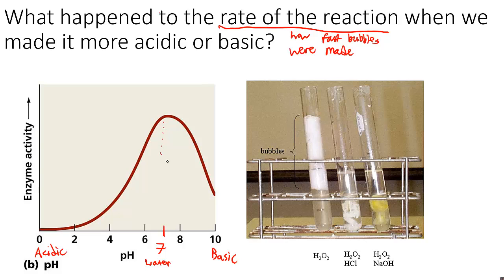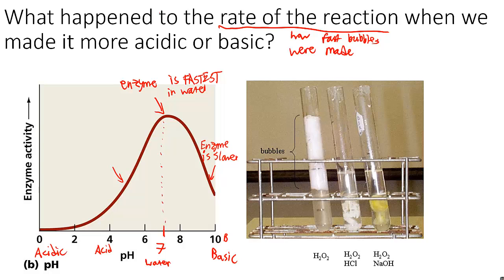So if you look here on this little graph, the enzyme works best. The enzyme is fastest in water. And if we turn it into a base, or we make it an acid, right here, this is a base, the enzyme will go slower, but it still works. And over here, if we make it an acid, this is acid, this is a base.